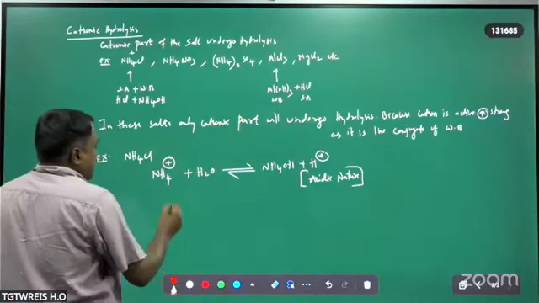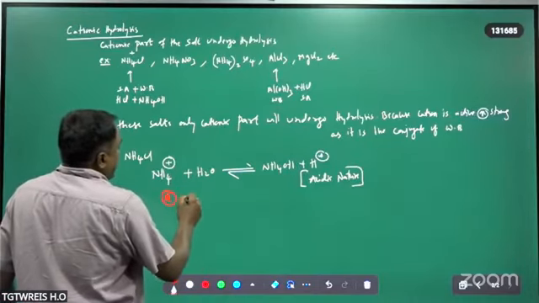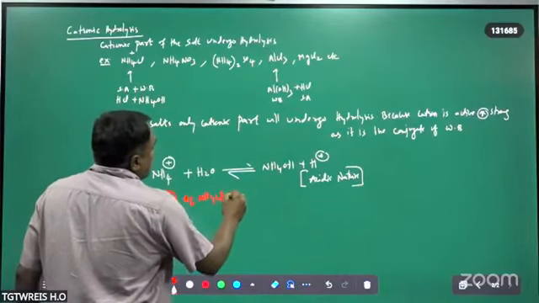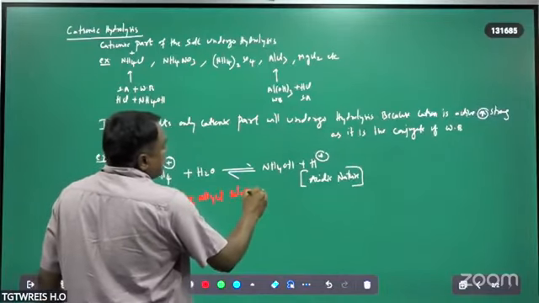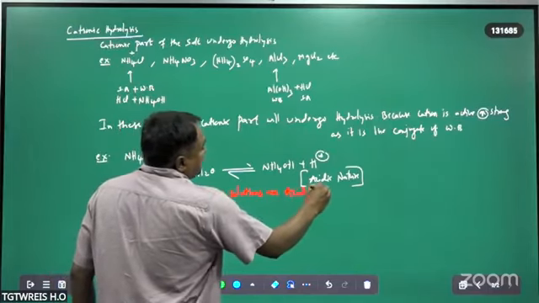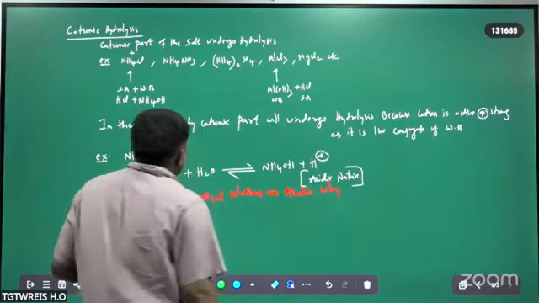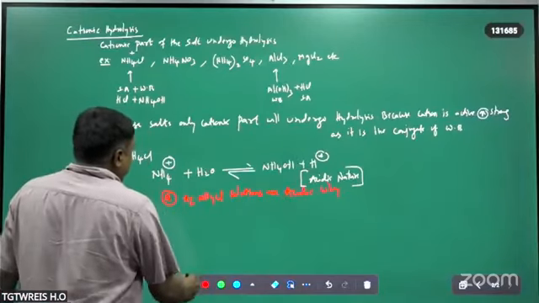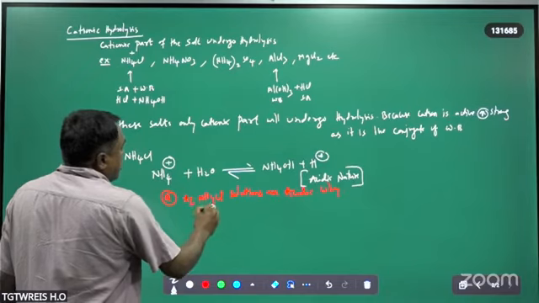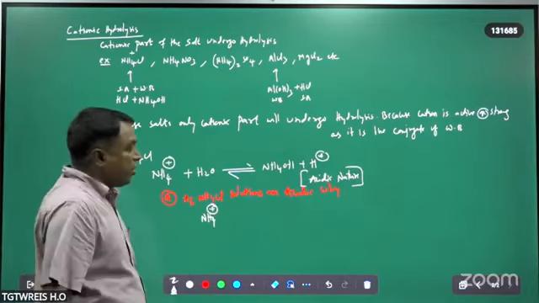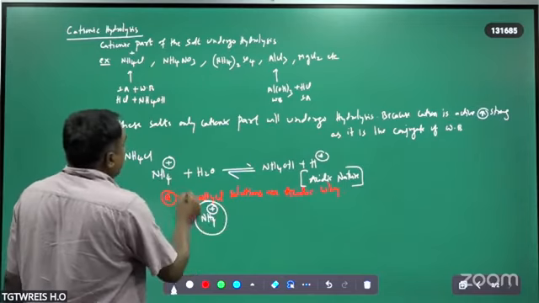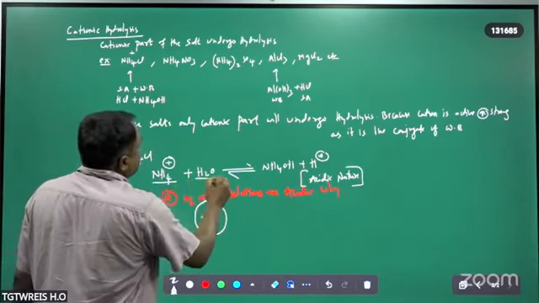So the question is like this now. Aqueous ammonium chloride solutions are acidic. Why? Because in aqueous ammonium chloride, the cation, which is the cationic part of the salt, is undergoing hydrolysis.